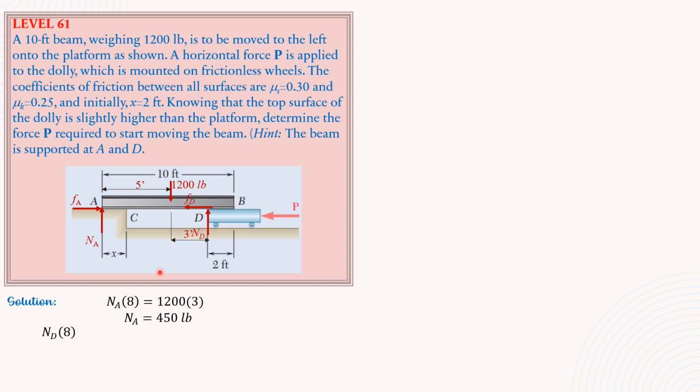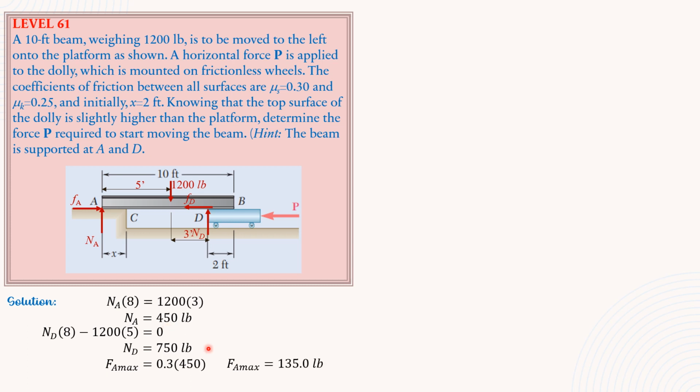Likewise, summation moment about A equals 0, ND times 8 equals 1,200 times 5, or ND times 8 minus 1,200 times 5 equals 0, so ND is equal to 750 pounds.